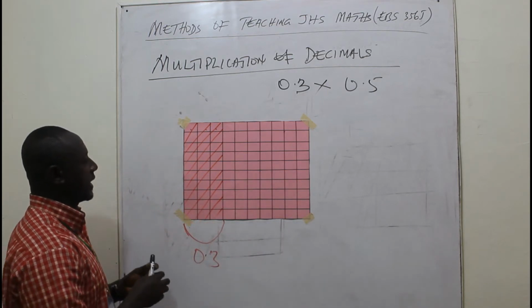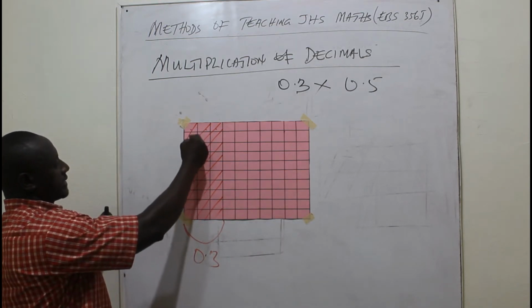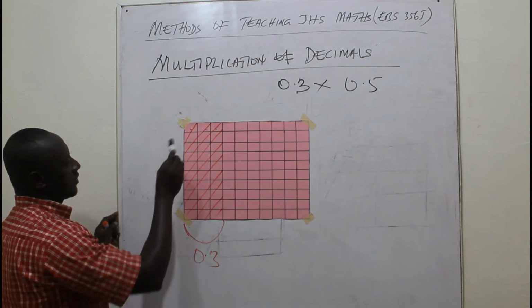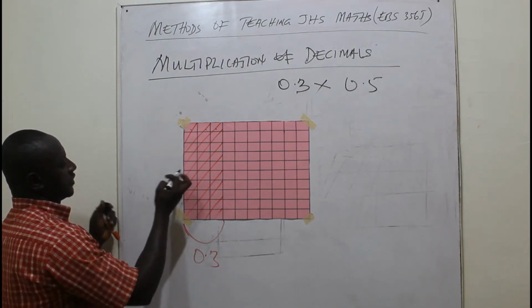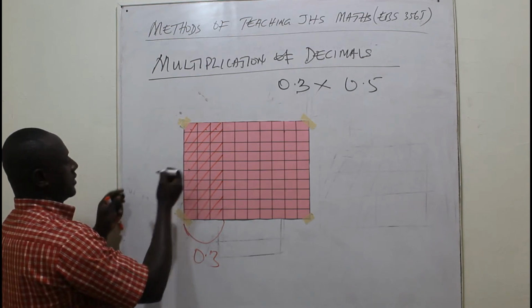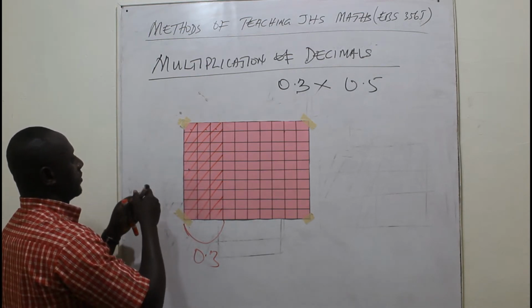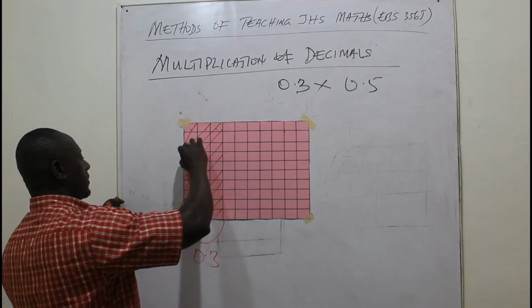Then I want to get the 0.5. So here I'm going to guide them to go by it in this way. They'll count 5 of that. 1, 2, 3, 4, 5. Also ending here. So maybe we shade in this way.